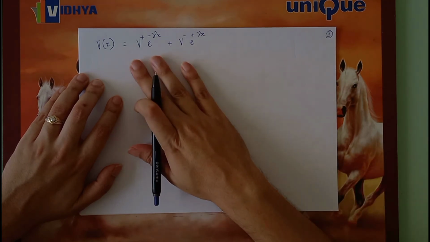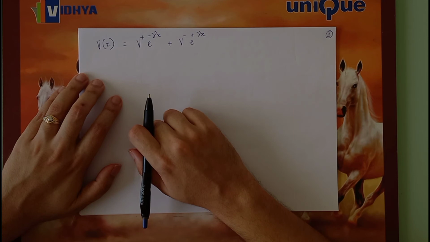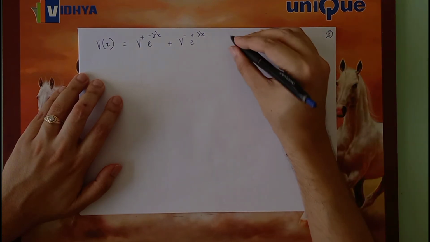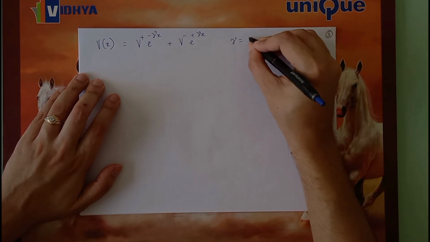So effectively, this is a solution for an ordinary differential equation, and this small gamma, this is the symbol for small gamma, is called the propagation constant.